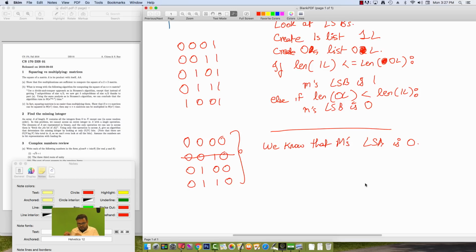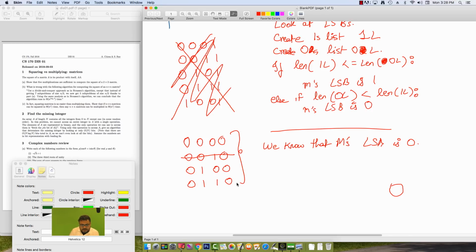And what we can note down, sort of imagine you have a little notebook, and on the side you note down that m's least significant bit is 0, correct? So m is definitely not one of these numbers, right? So we can discard all of these numbers, okay? And that's how you get sort of half a subproblem, right? We can immediately discard all of these numbers because I know that m must be in one of these.